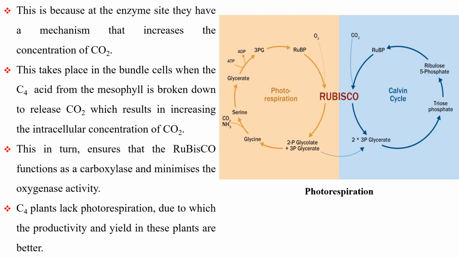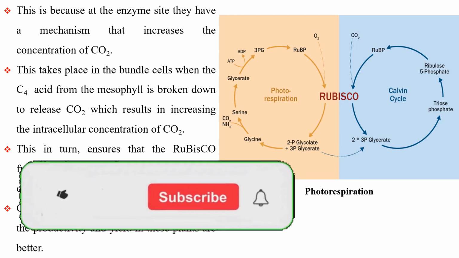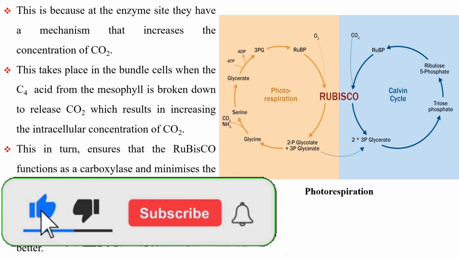This in turn ensures that Rubisco functions as a carboxylase and minimizes the oxygenase activity. C4 plants lack photorespiration, due to which the productivity and yield of these plants are better.